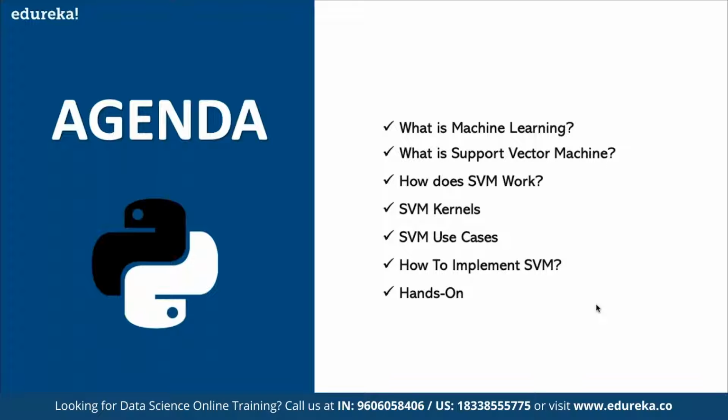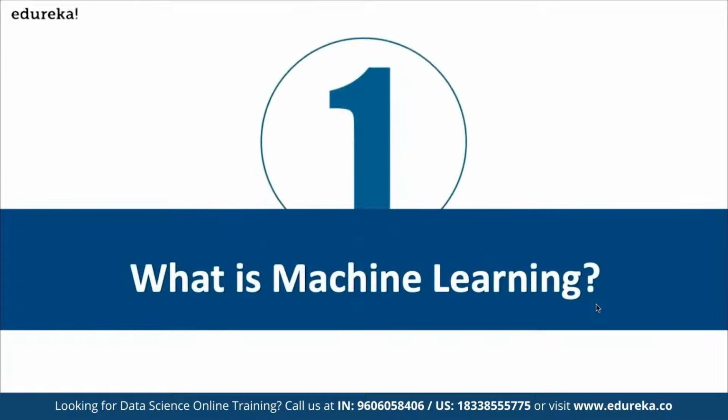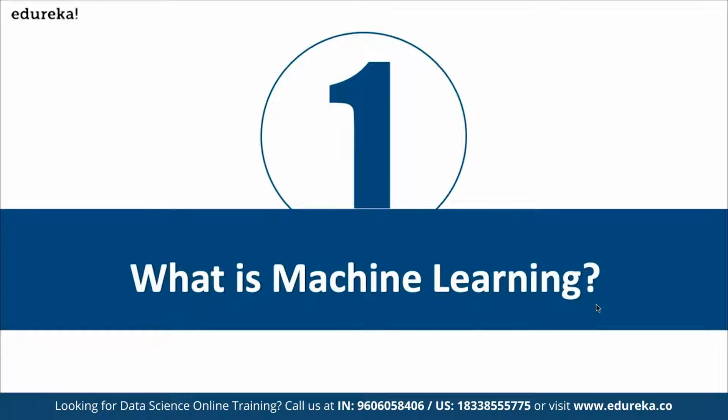And then we'll talk about the SVM kernels. And then we are going to talk about the components of the process of implementation of SVM as a part of the discussion. And if time allows, then we can also see a small hands-on on top of it as well.